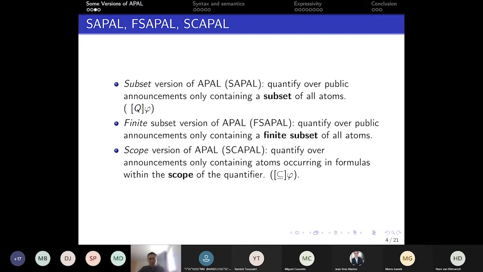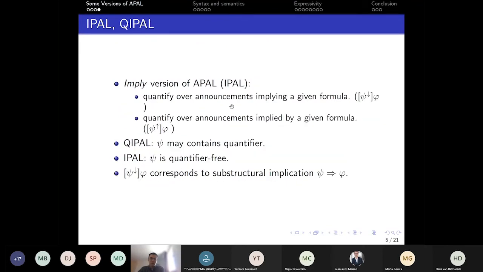A motivation of these versions of APAL is that when we deal with some independent subtasks, we may need different vocabularies, so we need these versions of APAL.